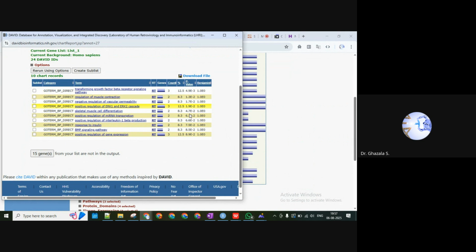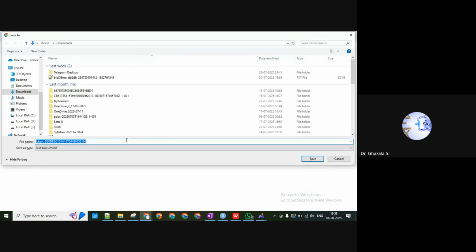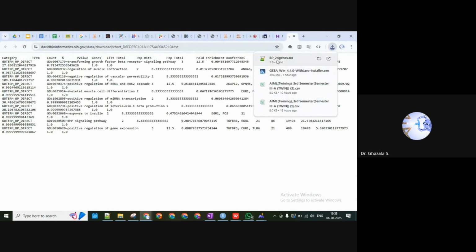Based on the p-value, you need to sort your terms accordingly. It will help. Okay, so we can download this table. Here we are getting this type of results. You can save it with Control S, and it will save your text data here. You can just rename it BP for 24 genes. Okay, you have got the table downloaded here.